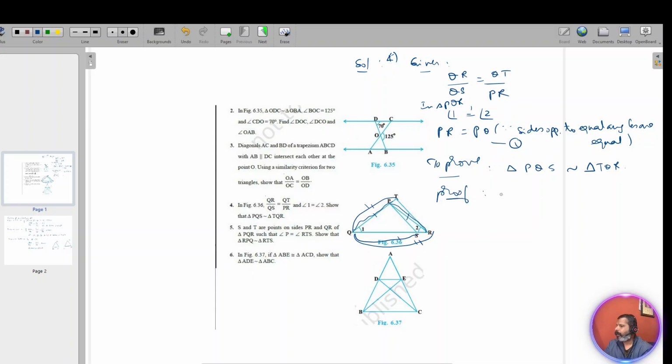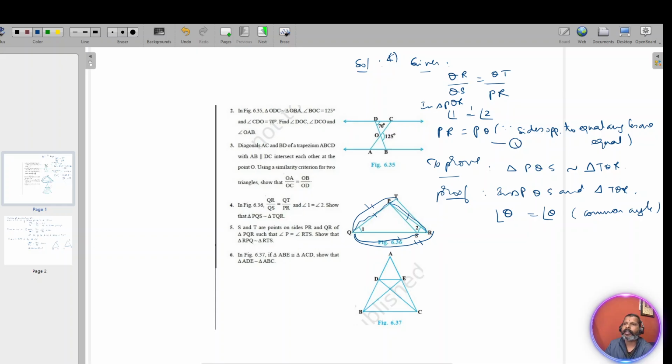Proof. In triangle PQS and triangle TQR, we have the angle Q the same, a common angle. The other two ratios will come.